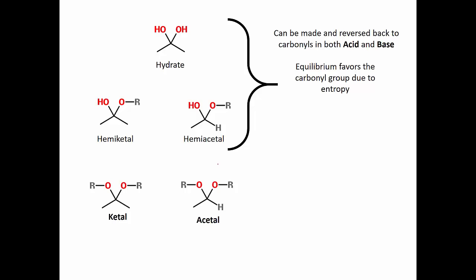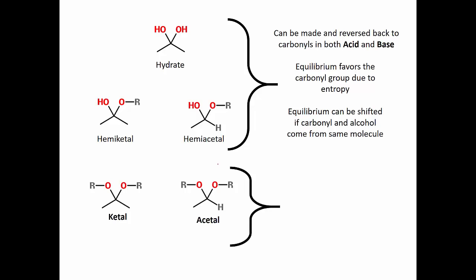Our equilibrium favors the carbonyl group due to entropy, so hydrates, hemiketals, and hemiacetals are rarely found in solution. However, we can shift the equilibrium if the carbonyl and the alcohol come from the same structure. And moreover, if they come from the same structure and the product has a 5 or 6-membered ring, the product will be favored.